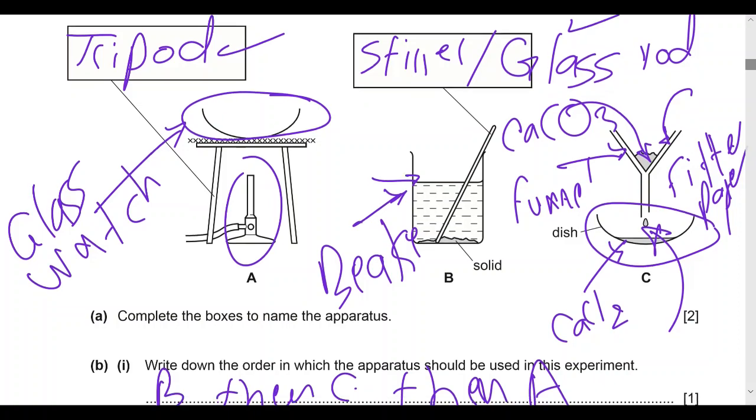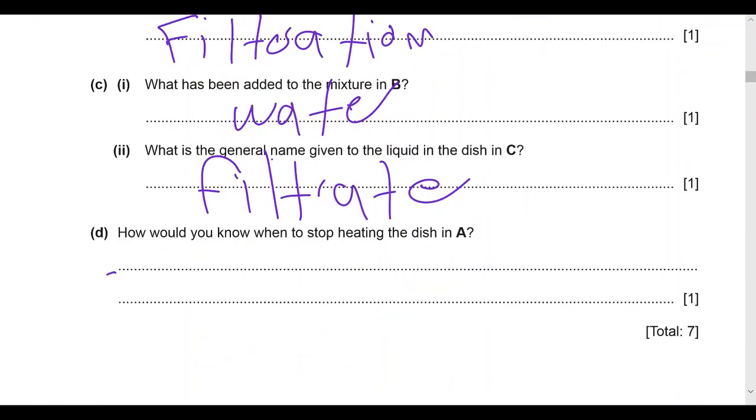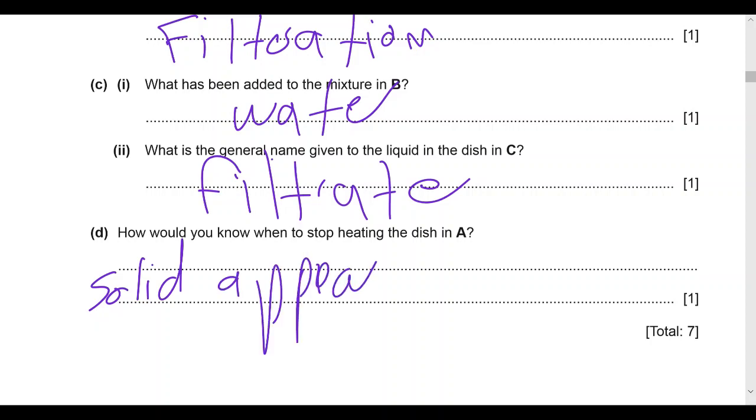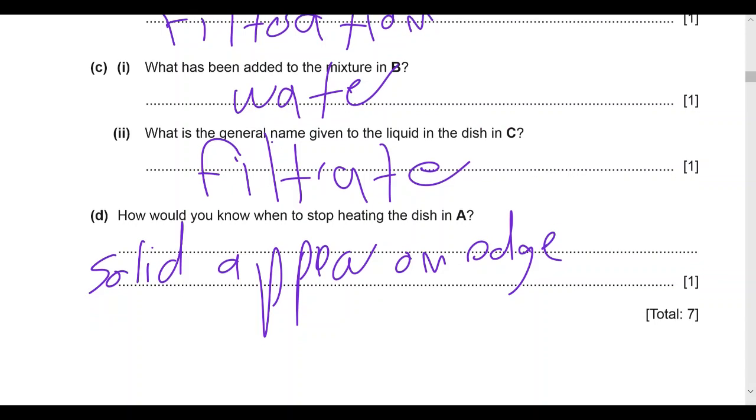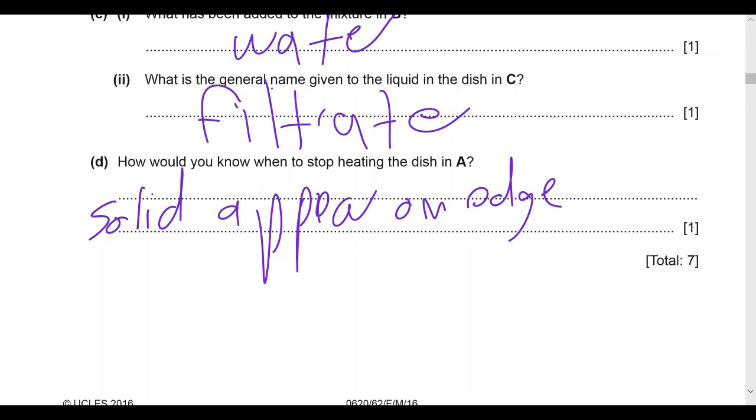Till you obtain a solid. That means solid appears on the edge of the watch glass, or also we can say by using a glass rod test.